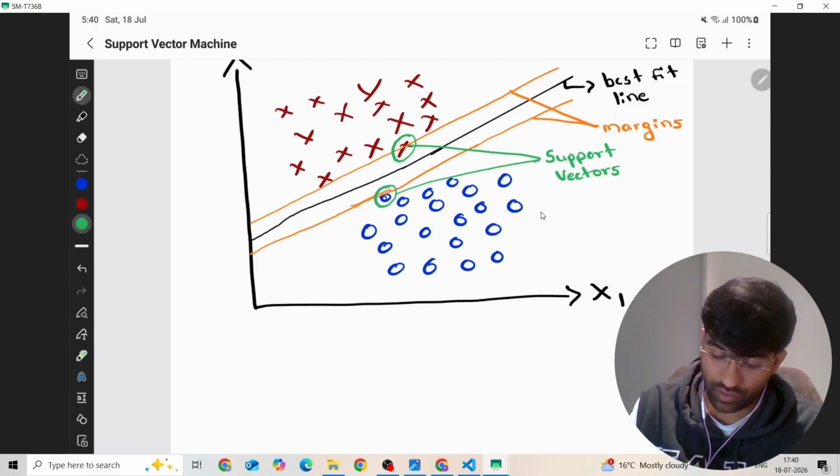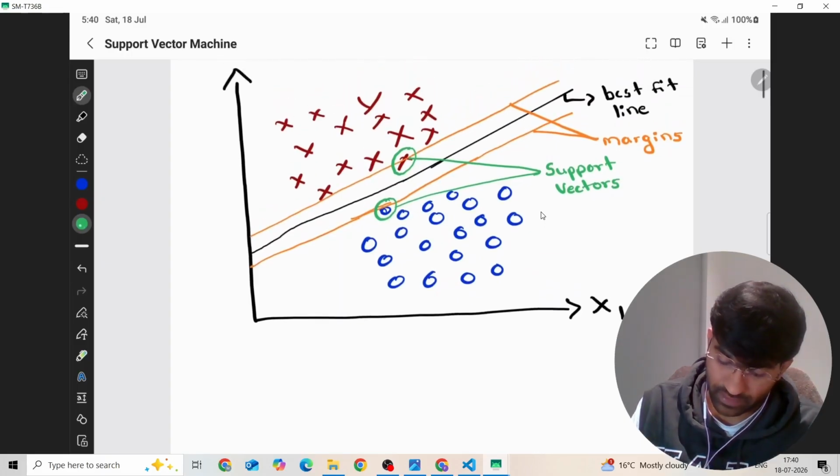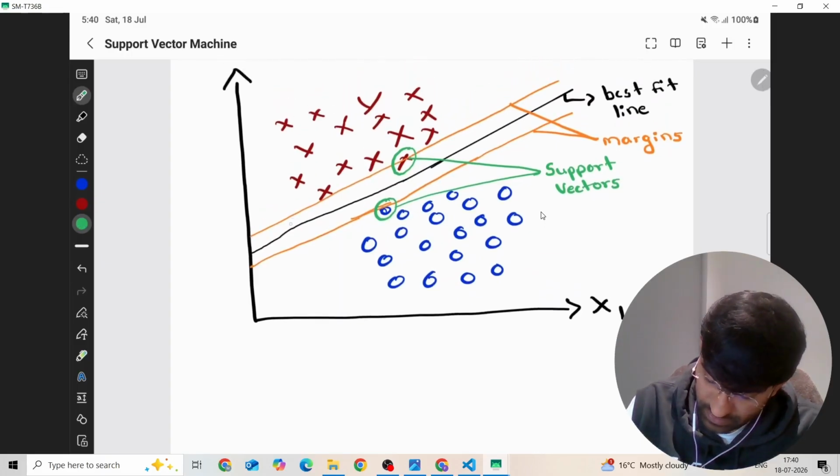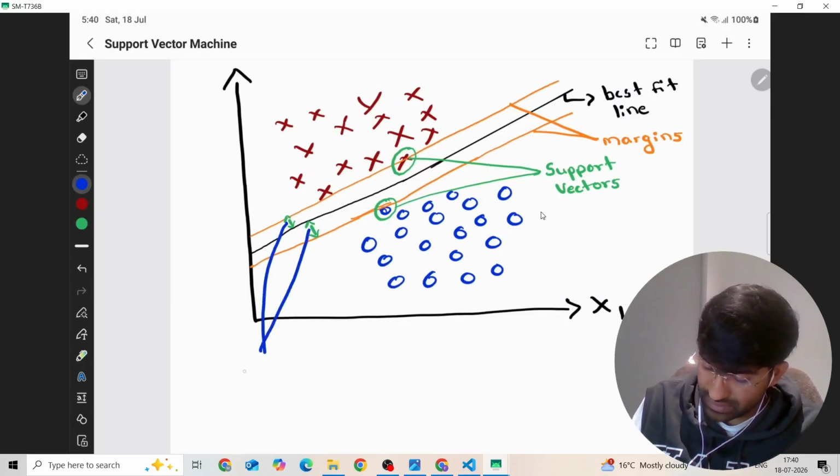How the support vector machine draws this margin is that the distance between the margin and the best fit line should be maximum. It tries to maximize this distance.